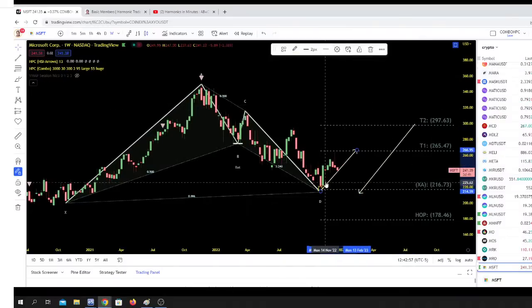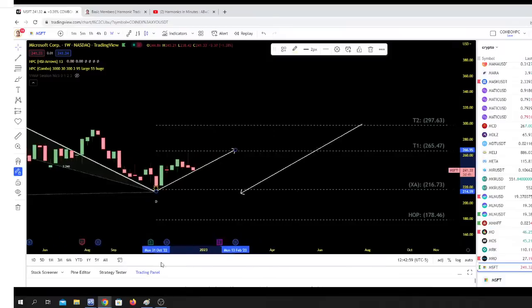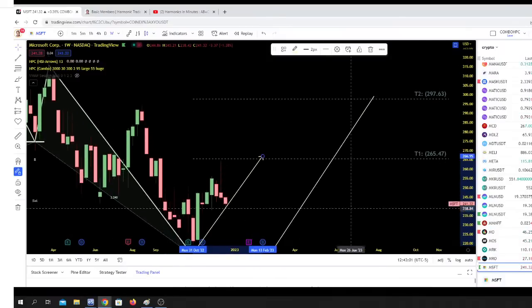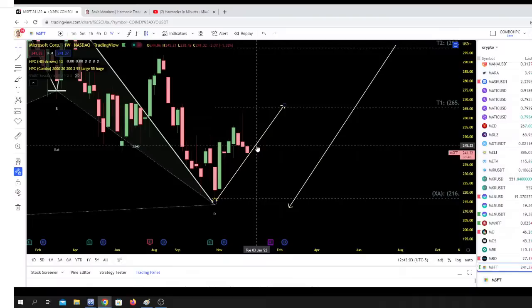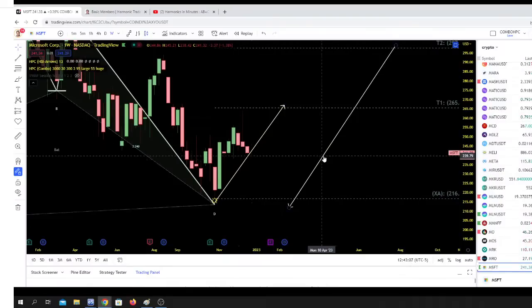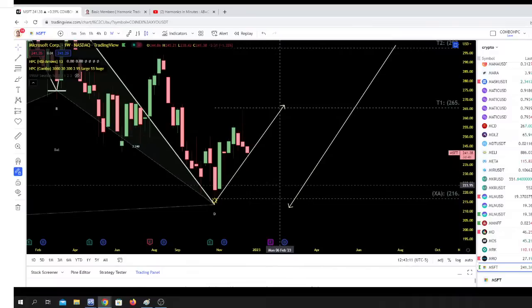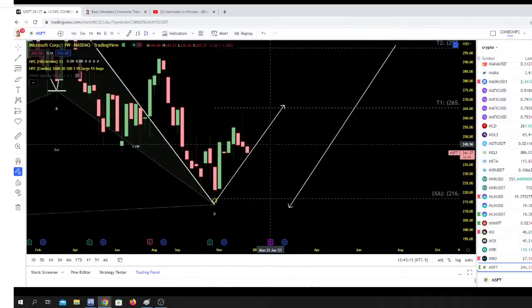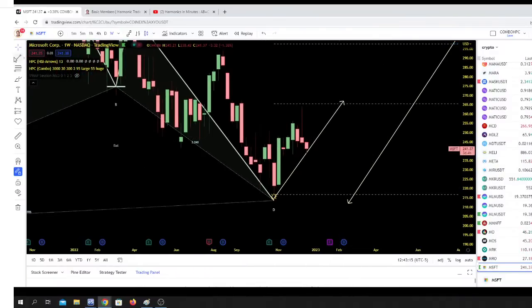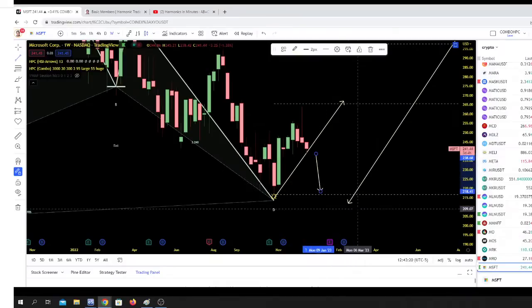Run any kind of trend line you want off of that low. But on the weekly chart, if you close below, what's that, 238, that should get the whole thing going. That would be a 3-bar reversal, and then you just shoot the gap down, minimum to retest the pattern zone.